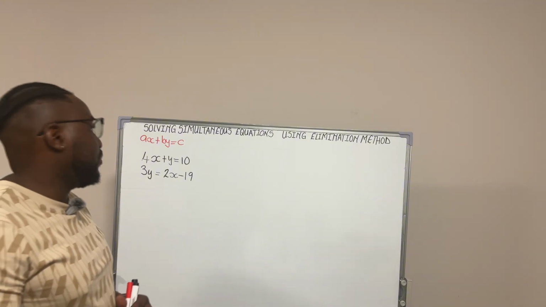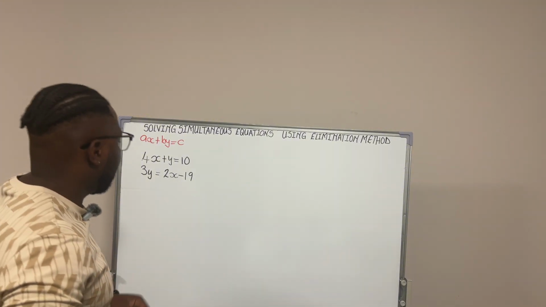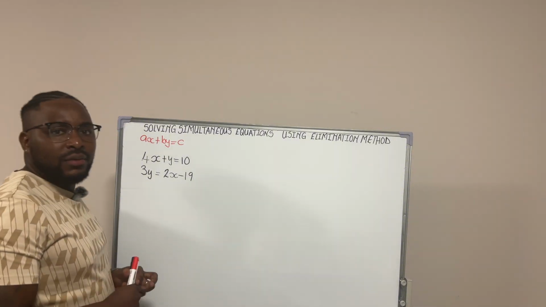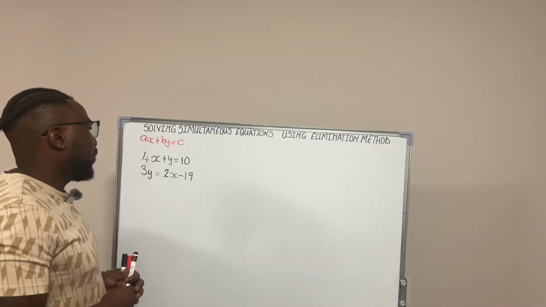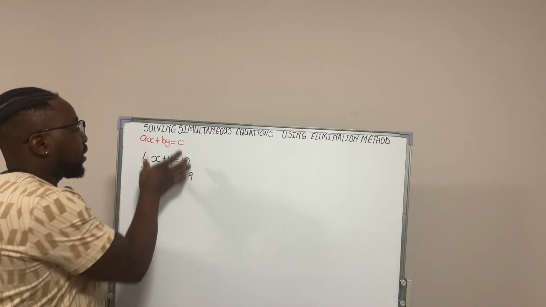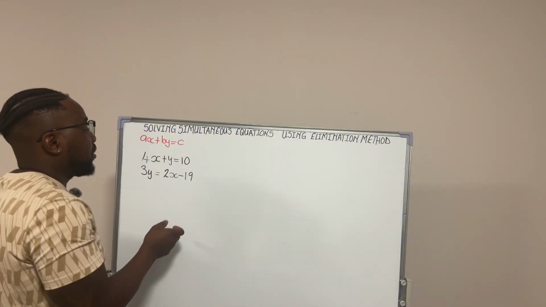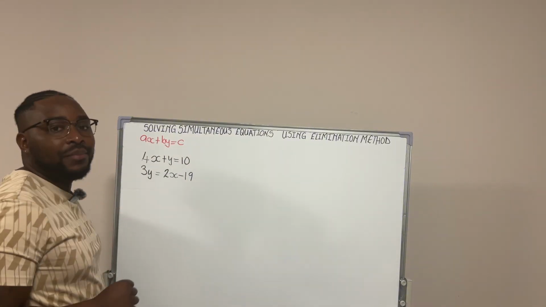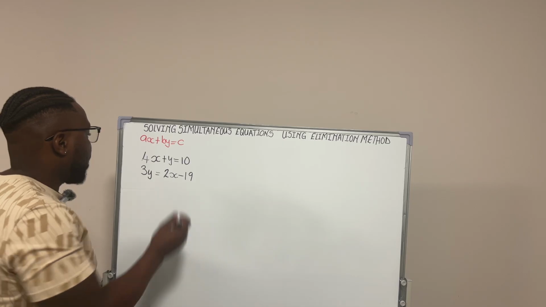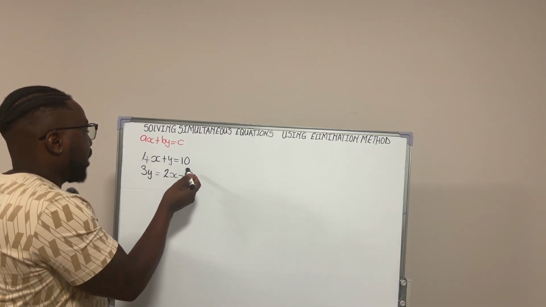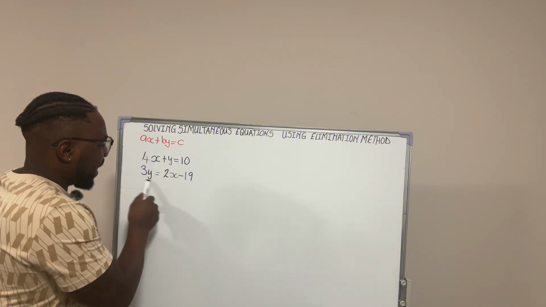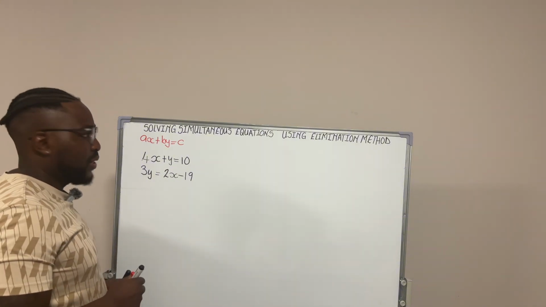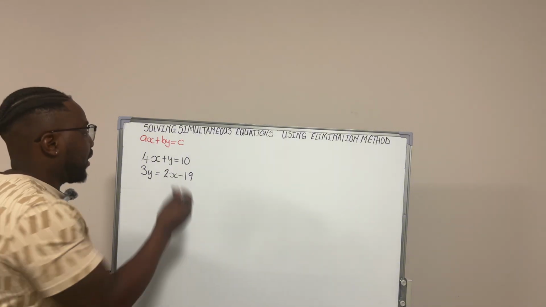Yes? Okay, so now, if you look at this question over here, what's the first thing that we have to do? We have to check if both of our equations are in the standard form. Yes? So let us take a look at our first equation. Our first equation is definitely in the standard form, right? But our second equation is not in the standard form.